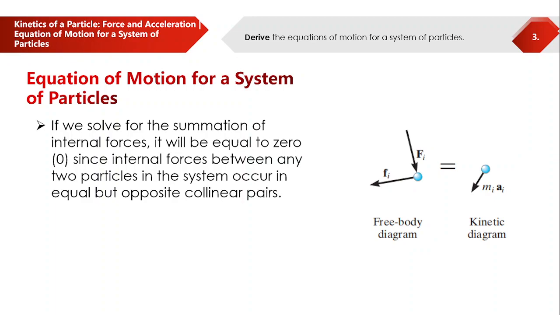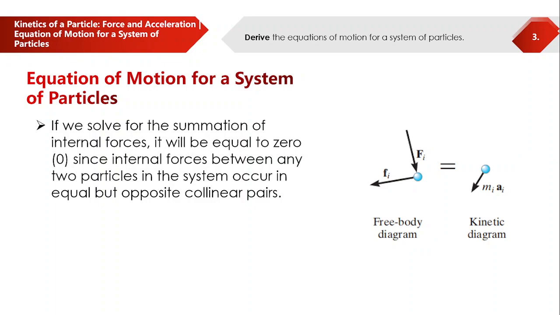Since internal forces between any two particles in a system occur in equal but opposite collinear pairs. Sa madaling salita, class, yung mga actions and reactions natin, each particle sa inside that closed system is basically equilibrium lang lahat.